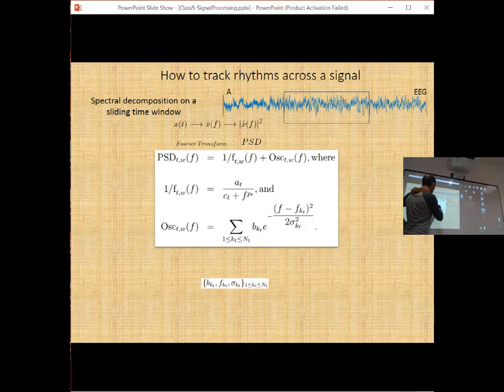If you take the spectral power of the EEG minus this 1 over f component, which is equal to this, what do you get? You get a signal that will look like this. And so one possibility is to approximate this using a Gaussian.